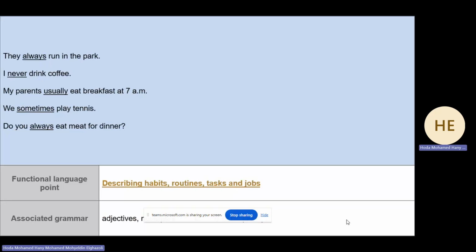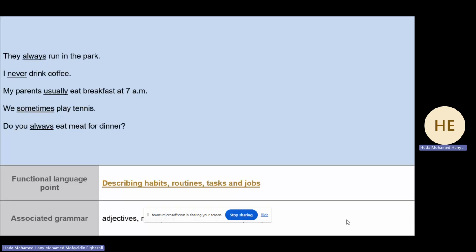For example, they always run in the park. Always, all the time, every day. Number 2, I never drink coffee. Never, not at all, not a single day, never.